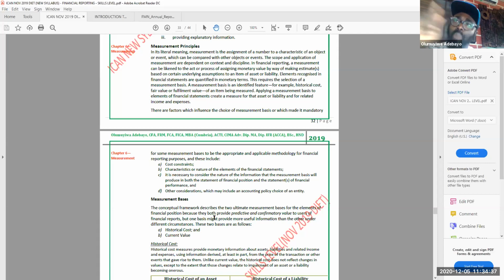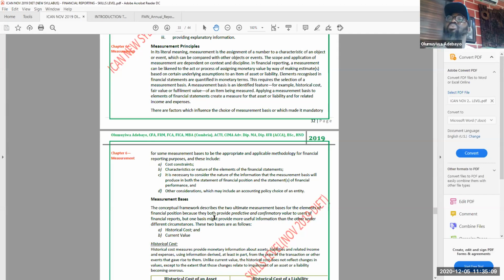Therefore, we now have the option to use current value, which means in accounts we report an element either at historical cost or at current value. For some, there is an option to choose either, while for some there's no option. It's either going to be historical cost compulsorily or current value.